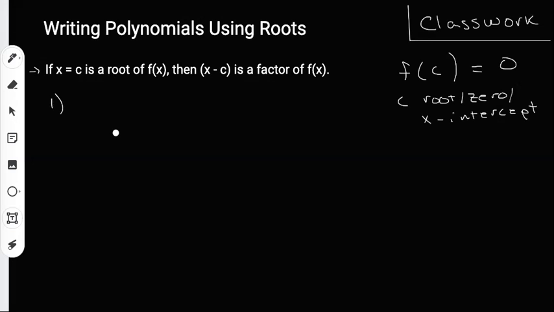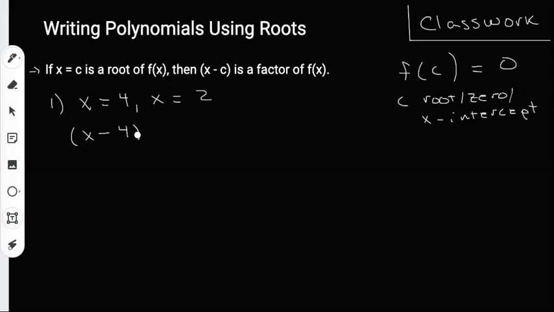So let's try the first one from the classwork. We need to write a polynomial for the given roots, and we're given x equals 4 and x equals 2. So 4 and 2 are where the function is going to cross the x-axis. Those are the roots. What we want to do is take those roots and make them into factors. So we're going to subtract the roots from x.